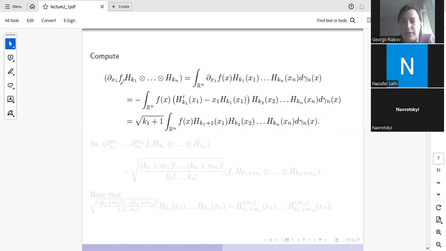Consider the inner product of, let's say, d_{x1} f with some Hermite polynomial. Now, since F has compact support, we can integrate by parts.